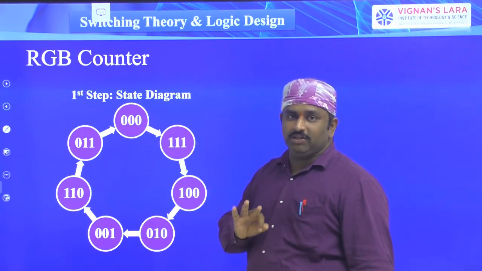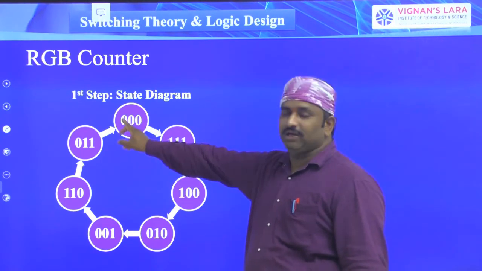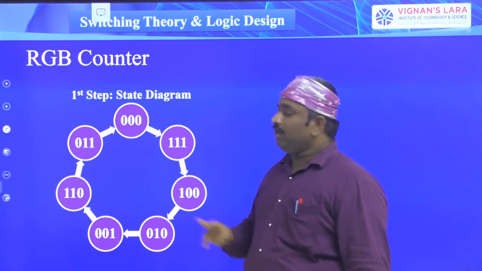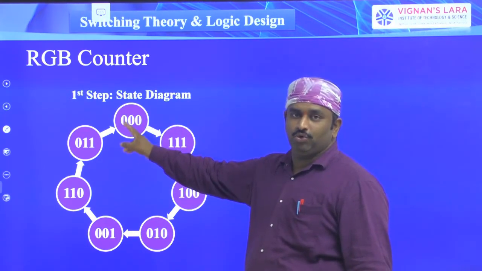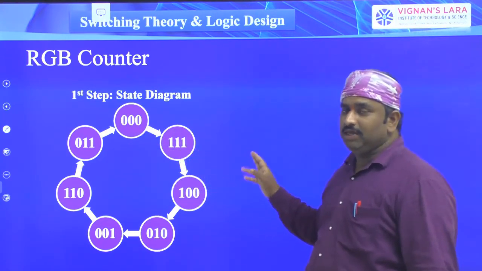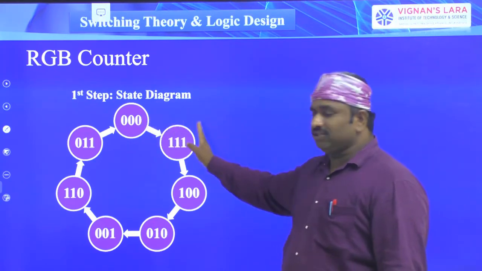Here I have 3 digits, 0, 0, 0. For representing this, I have to take 3 outputs. I am representing each bit as Q2, Q1, Q0. The present state output is Q2, Q1, Q0, and the next state output is also Q2, Q1, Q0, so both are the same.